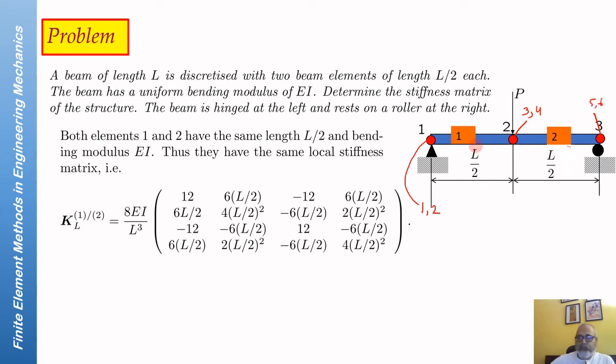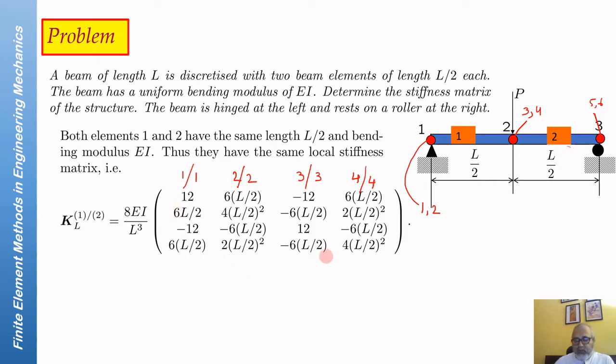So for element 1, this is local degree of freedom 1, local degree of freedom 2, 3 and 4, and I have local degree of freedom 1 going to global degree of freedom 1, 2 going to 2, 3 going to 3, and 4 going to 4.